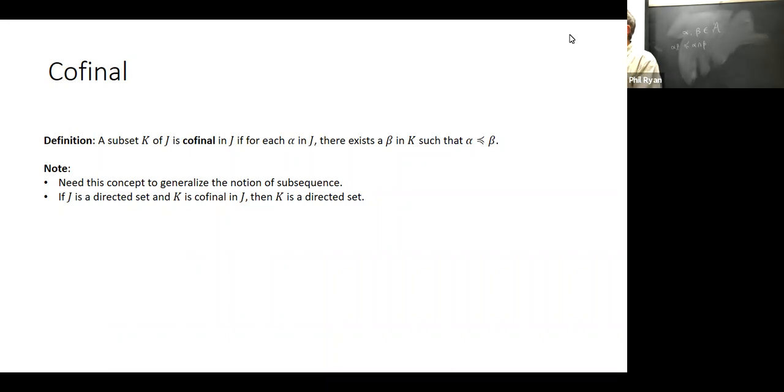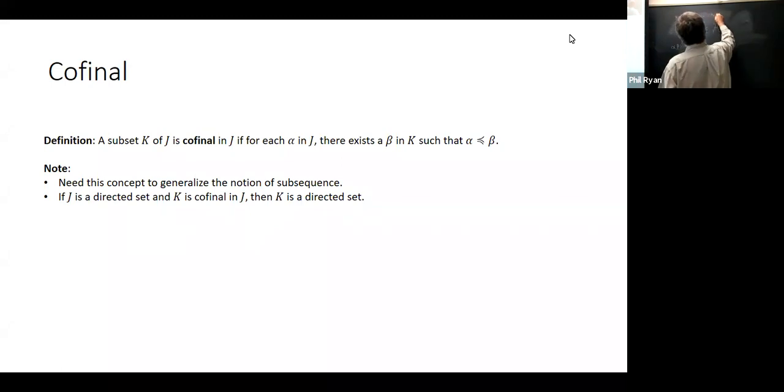So for example, if you had x1, x2, xn, and so on, then your subsequence would be x_{n1}, x_{n2}, etc. And the point is that for anything here, there would be something in the subsequence which would be further on. So it's just saying that the subsequence sort of goes to the same place that the sequence goes to.